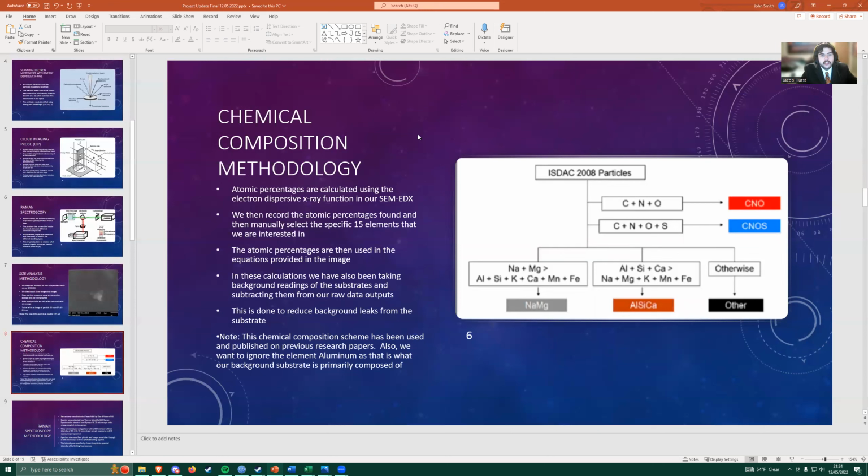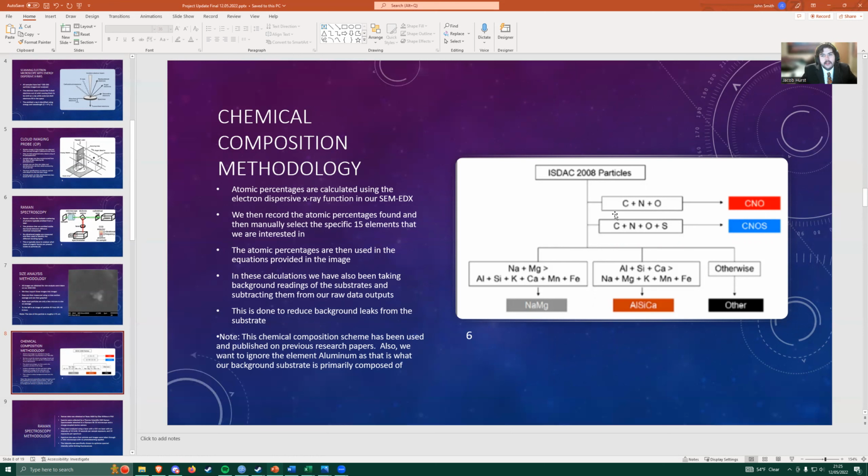The atomic percentages are calculated with the energy dispersive X-ray function of our SEM-EDX. We then record those atomic percentages and manually select the specific 15 elements that we are interested in, which would be over here. I think I need to put 14 probably. I would need to change that.